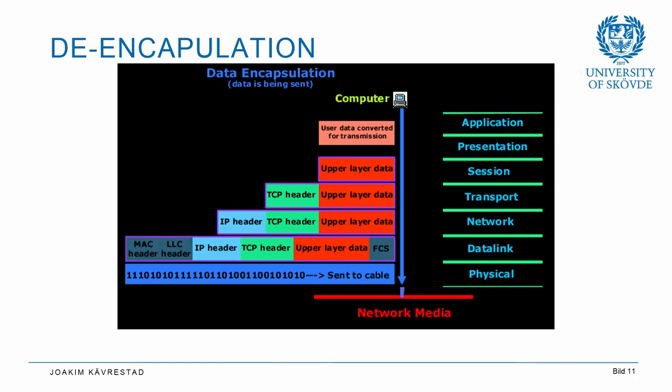So if we want to send a web page, for instance, we have the entire web page at the application layer. And then when we get down through the different layers of the OSI model, additional data is added to this data to make sure that it can be sent over the network. This process is called data encapsulation.